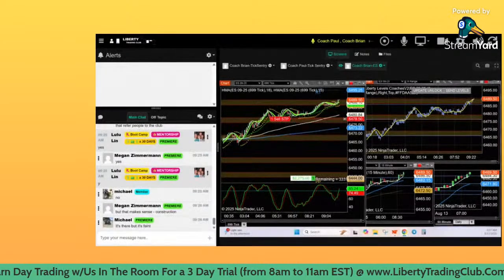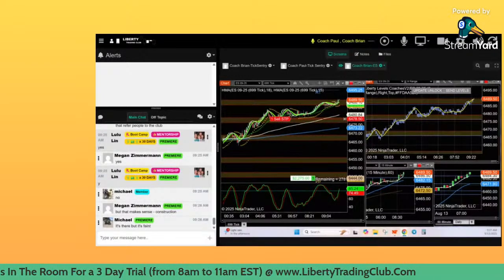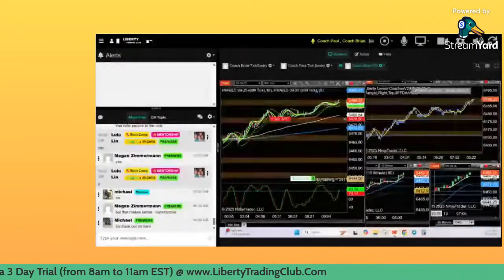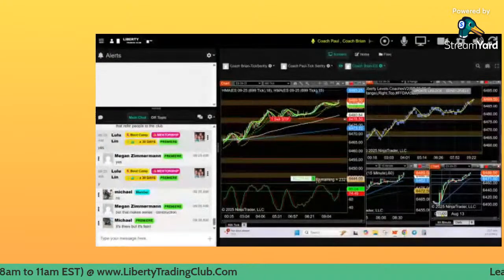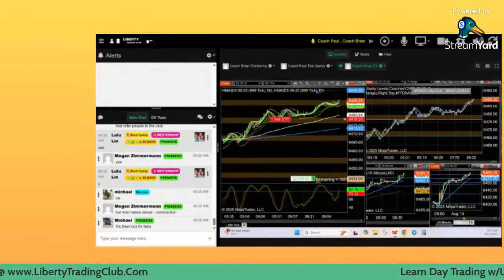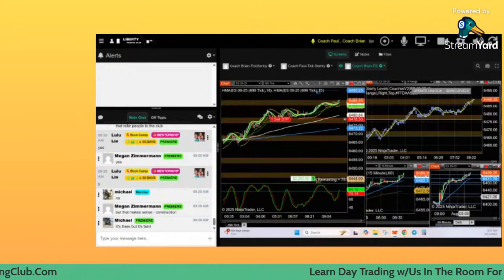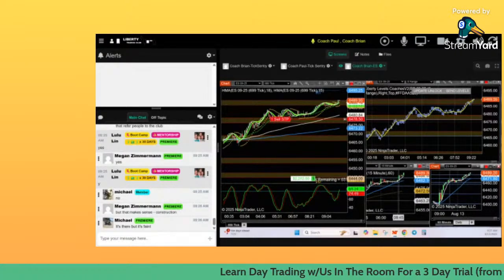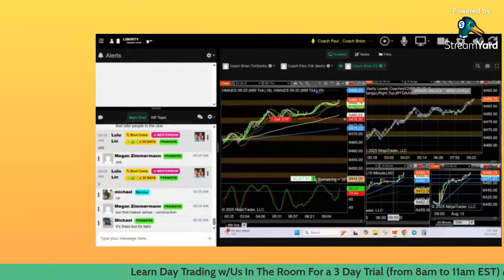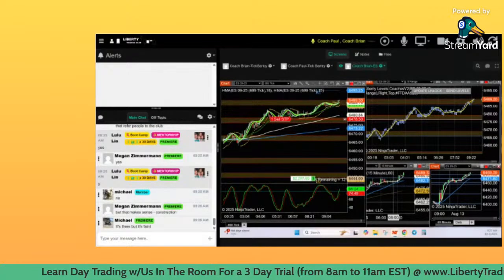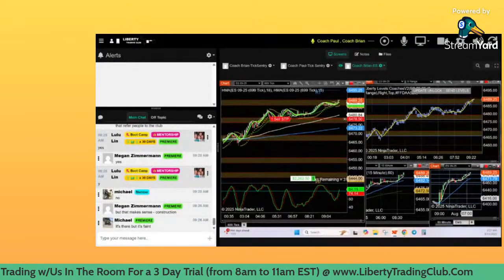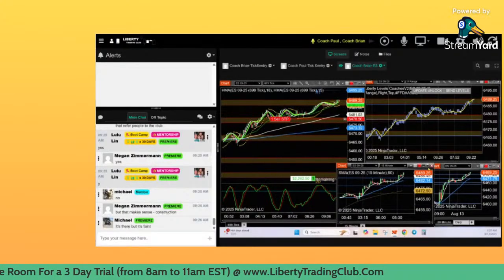Now, typically in a scenario like this, there's a big push up overnight, a push down on the open, a shake out of the longs, and then it drives back up. Eerily familiar to what happened yesterday, is that not right, guys? Yesterday seems so far away.